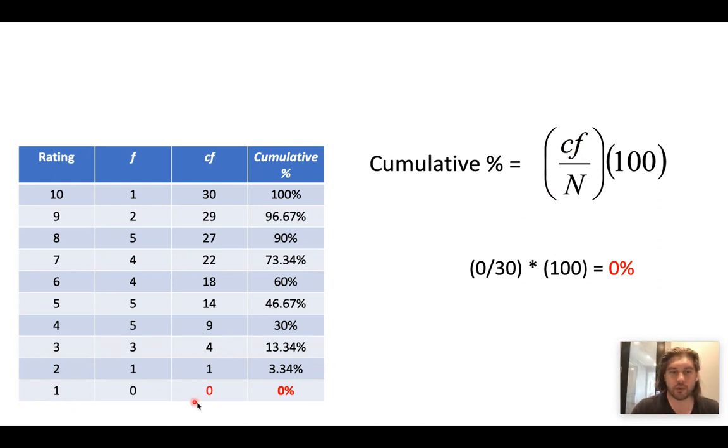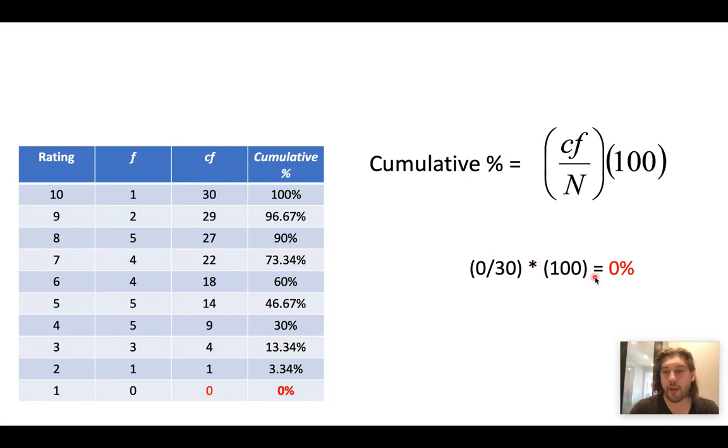So cumulative frequency, so we're going to pull this number, right? The cumulative frequency of the score 1, that was 0, divided by n, which is our number of participants, or in this case, our number of data points. There were 30 total students who were rated, 30 total data points. So 0 divided by 30 is, of course, going to be 0.